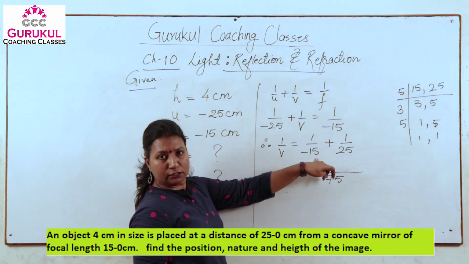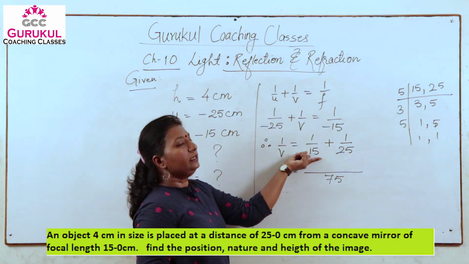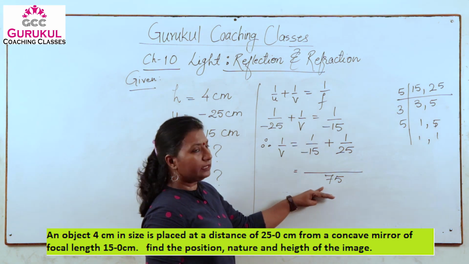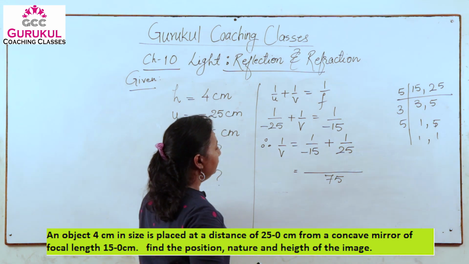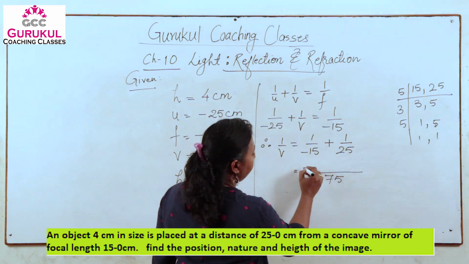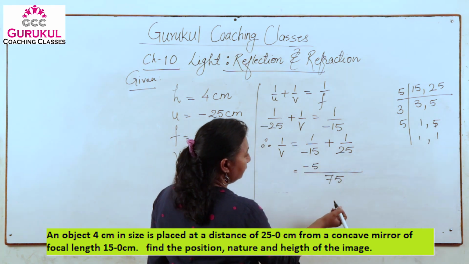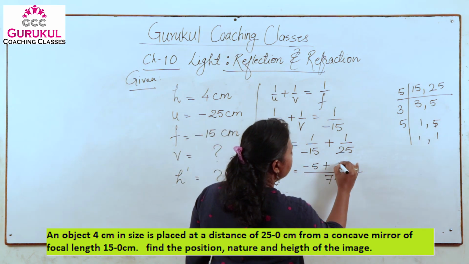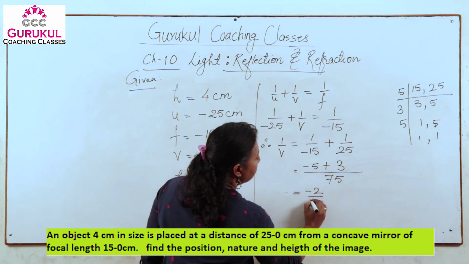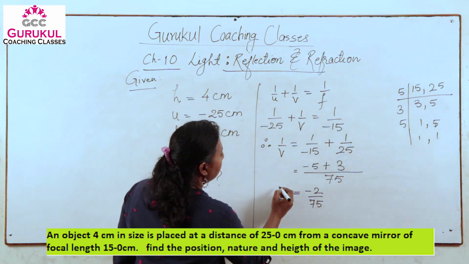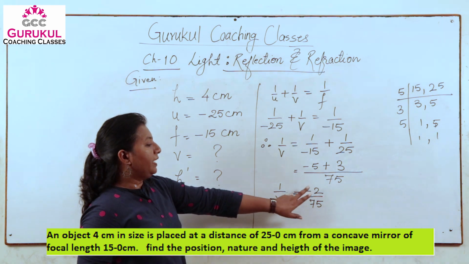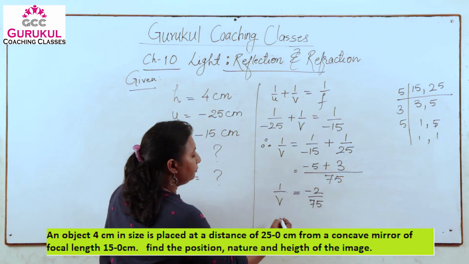As the denominators are not the same, we have to take the LCM and then solve this. Multiplying, we get 5 plus 3, so we are getting minus 2 by 75, which means 1 by v is equal to minus 2 by 75.